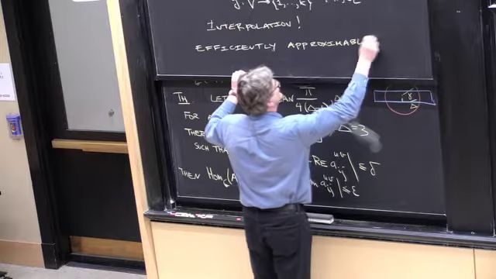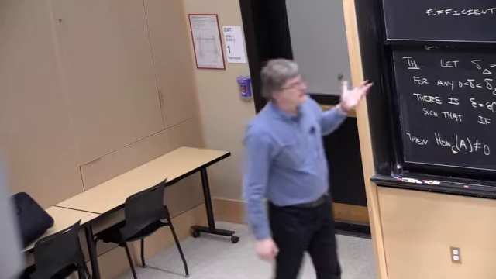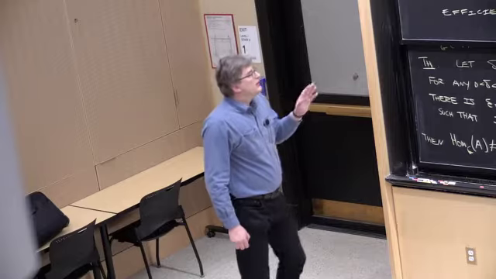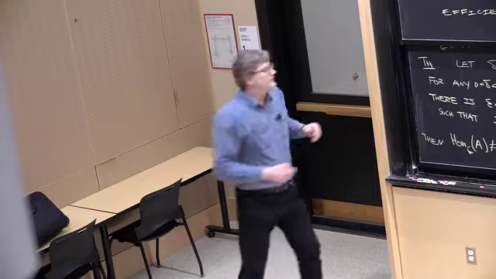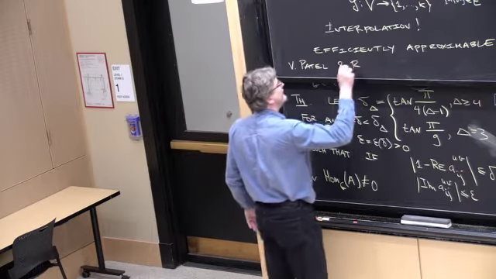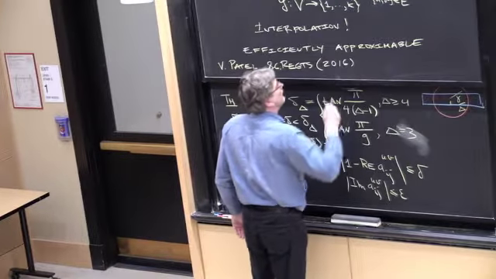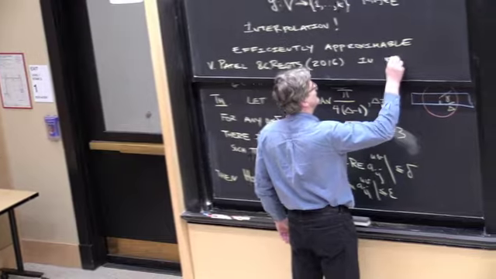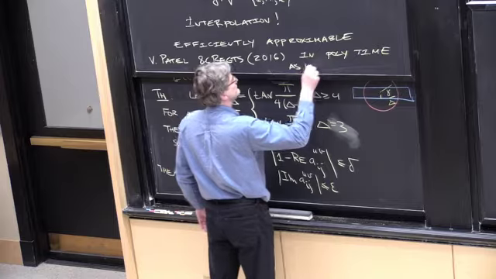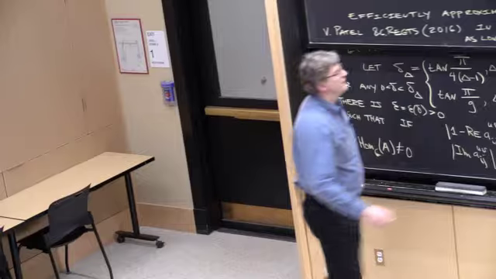So the standard interpolation lemma that I proved last time gives you a quasi-polynomial time algorithm, but if you involve some sorcery of Patel and Regts, then in polynomial time, as long as the largest degree is fixed in advance.